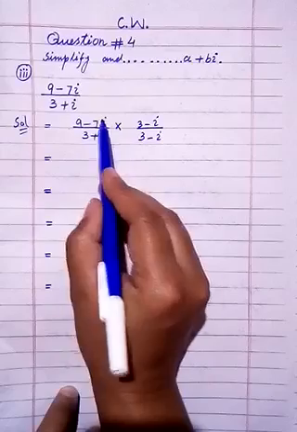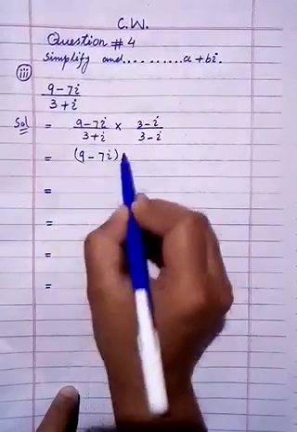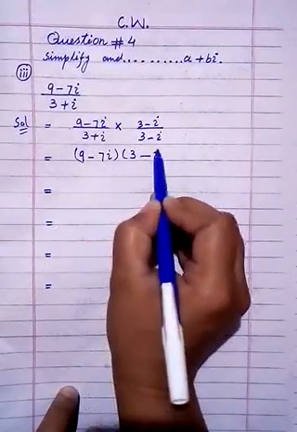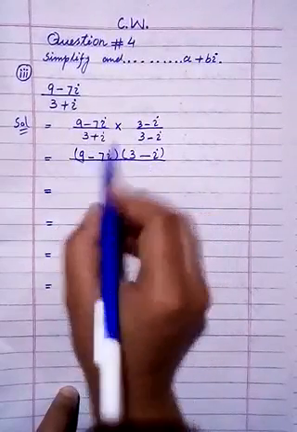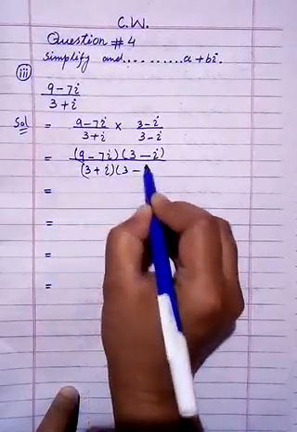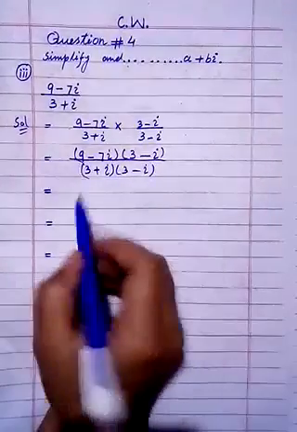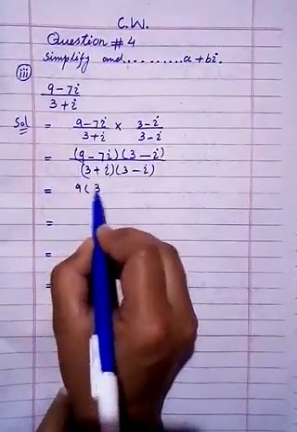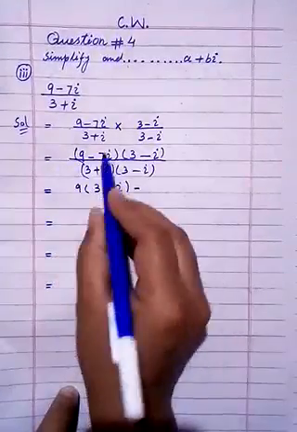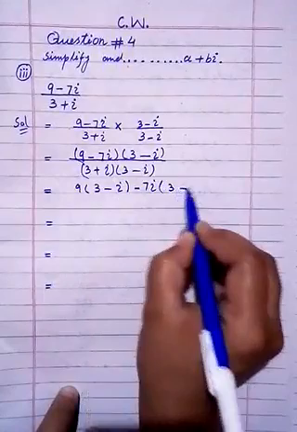Now numerator multiplied by numerator. Now denominator multiplied by denominator. Now 9 multiplied by each term. You can write 9 into 3 minus iota minus 7 iota multiplied by 3 minus iota.